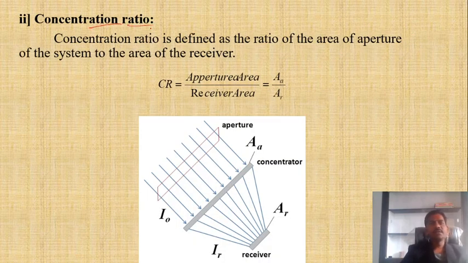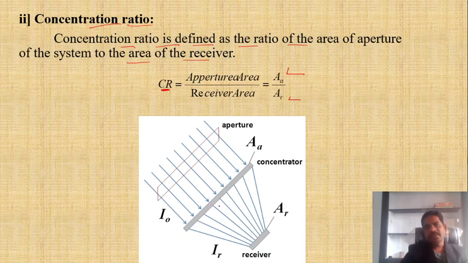Second definition is the concentration ratio. Concentration ratio is defined as the ratio of area of aperture of a system to the area of receiver. It is shown by the letter CR. Aperture area is AA and receiver area is AR. Means through this aperture surface, the solar radiation is transferred, and this is the receiver, how much solar radiation is absorbed.